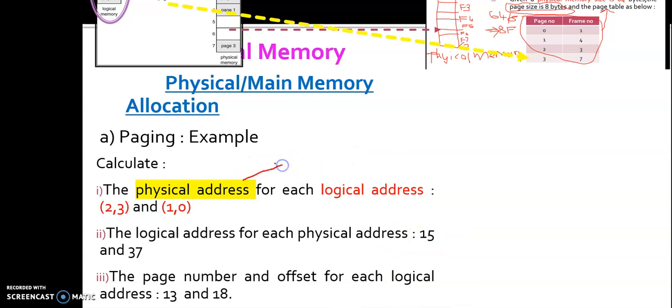Number 2 refers to your page number, not page size, and number 3 is your offset value.